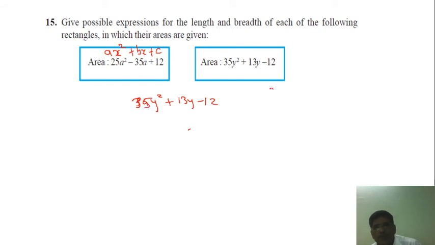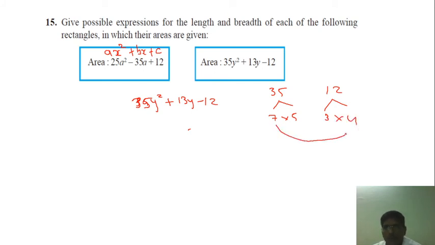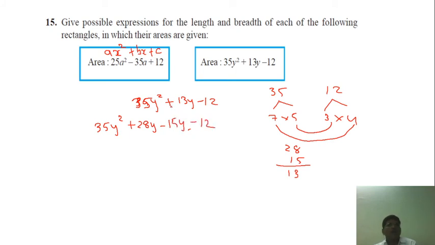Factor of 35 is 7 into 5, factor of 12 is 3 into 4. 7 4s are 28, 5 3s are 15. 28 minus 15 we can get 13. So 35y square plus 28y minus 15y minus 12. The middle term is plus, so the big factor is plus and the small factor is minus.